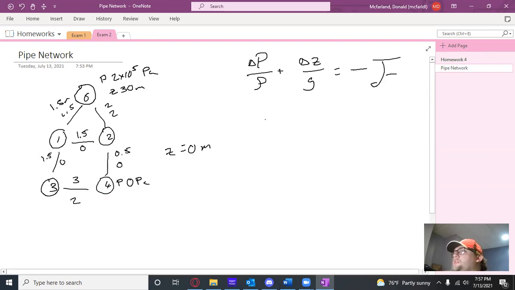Now we can also write frictional heating as velocity squared over 2 times our K value plus 4 frictional factor length over diameter of the pipe.